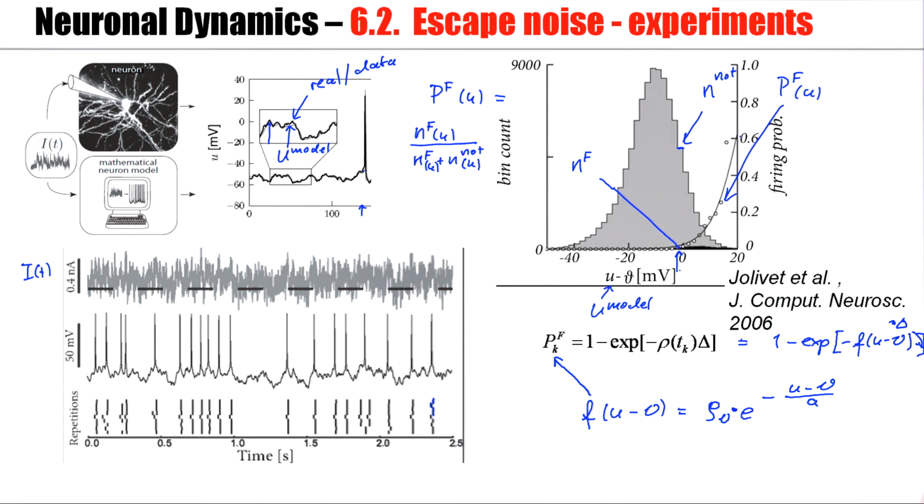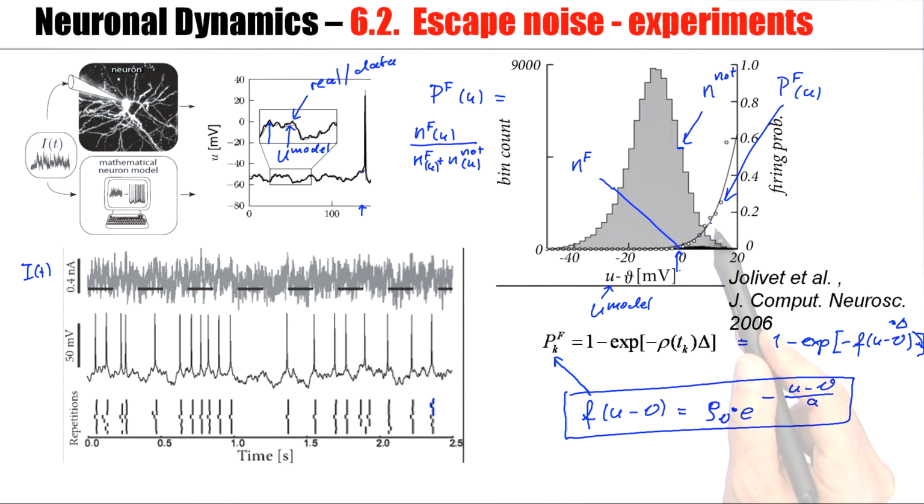So we see that there's an excellent fit of the exponential escape rate and the data. In other words, the exponential escape rate that I introduced earlier is a reasonable or even a very good approximation to the intrinsic noise sources in neuronal membranes, intrinsic noise sources that contribute to the firing of the neuron.